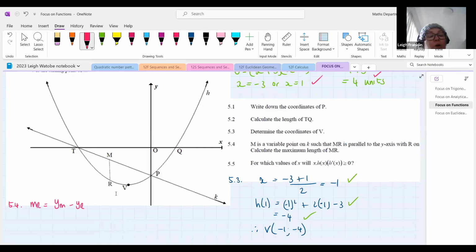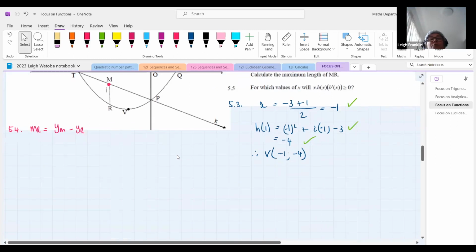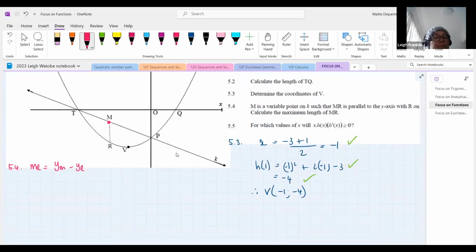M is a point on the straight line. So if I go up and have a look, the straight line is k of x, which is minus x minus 3. So that is minus x minus 3.